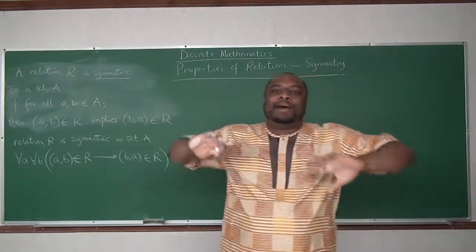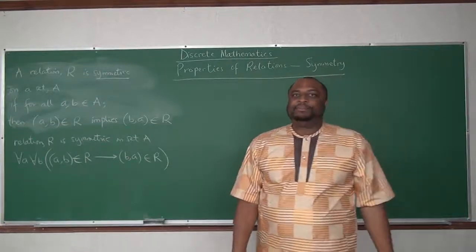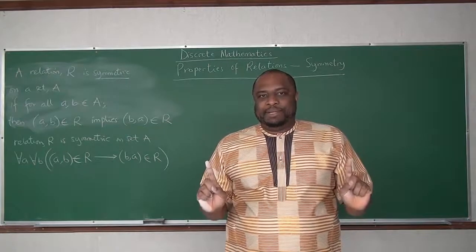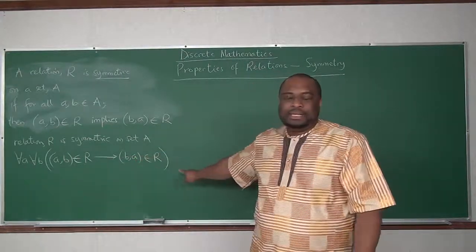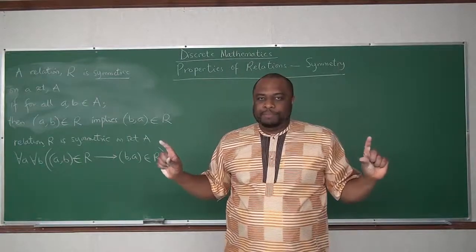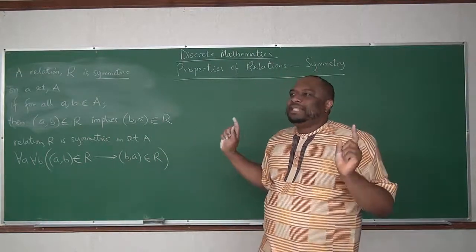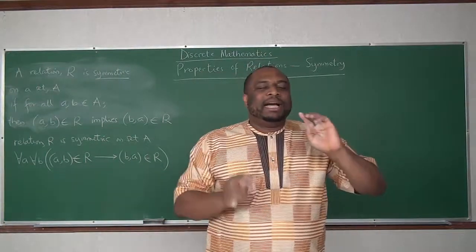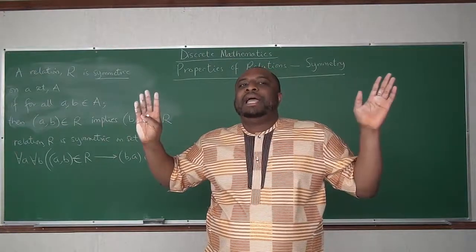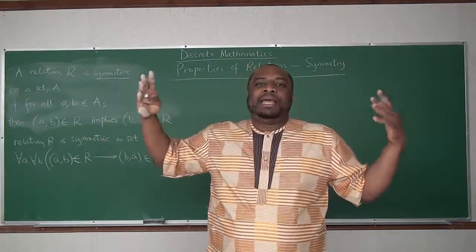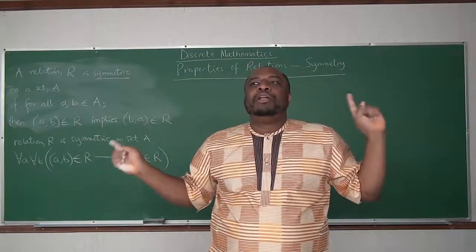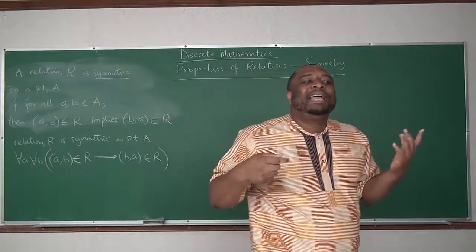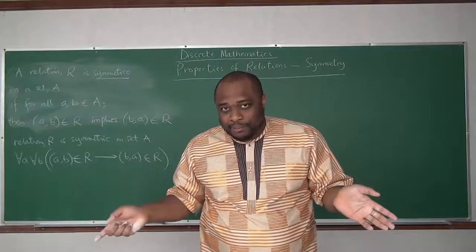When we talk about antisymmetric, it means the only time we would have this would be when A is equal to B. If we have AB and then BA, it should only happen if A is equal to B. Now, if it does not happen, no problem.